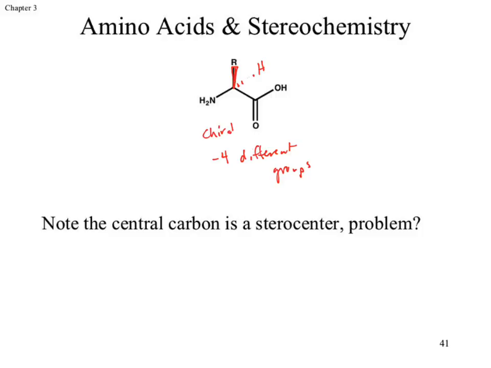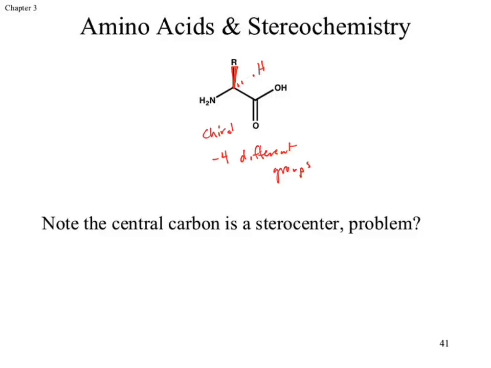And saying how do our priorities project around kind of a steering wheel, okay? To generate R and S. So we have R, S, we have levo and dextro, which gets translated into lowercase l and lowercase d. Then we get plus and minus coming from how the molecule rotates light.